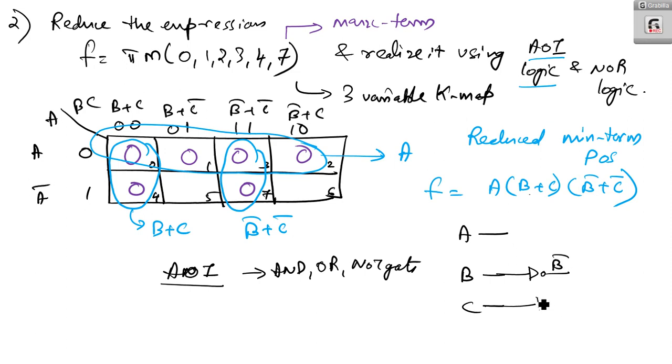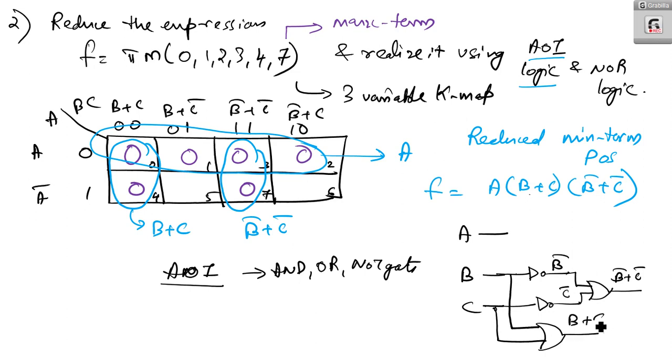This is C bar. First you need to take B bar or C bar. This is B bar or C bar. Then B or C. This is B or C.